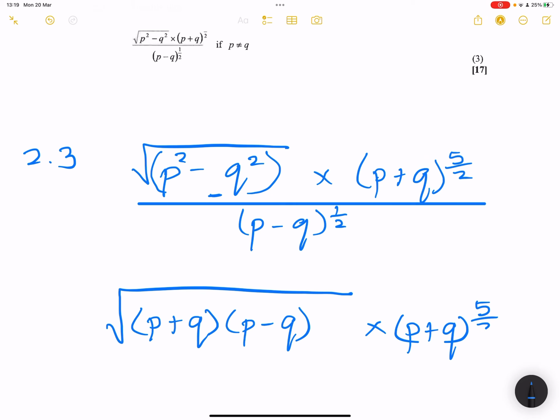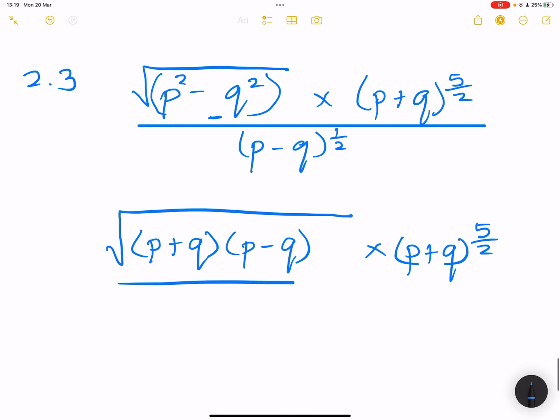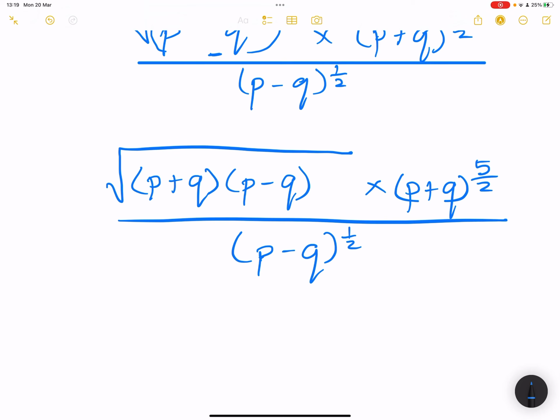That's 5 over 2, all of it divided by p minus q, that's 1 over 2. Now I'm going to use the rules of exponents.